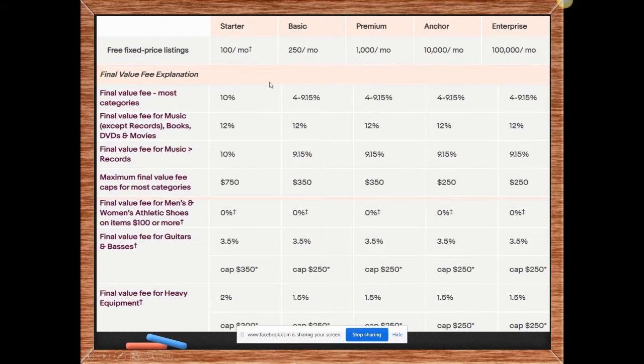So a lot of beginners just decide to take advantage of it, and maybe get to the first 50 listings, and then they will start a store or whatever. But I think it's just better to pay for a basic store from the start, because getting to 250 items is not a lot, it's not difficult.